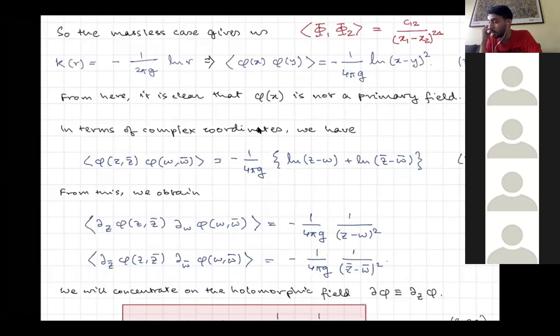This is what we had found earlier when we were looking at two-point functions of quasi-primary fields. This is also true when you're looking at fields in 2 dimensions, of course.